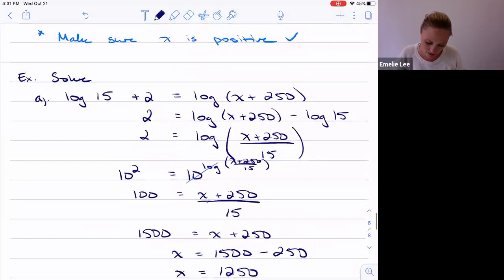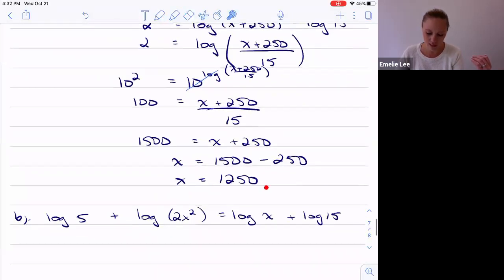Okay, so x in this case is going into a log, and so here, the answer for x has to give a log that's greater than 0. And so x must be greater than negative 250, which it definitely is in this case, and so we're safe. But you just have that internal check, especially if you've got multiple answers, then definitely check.